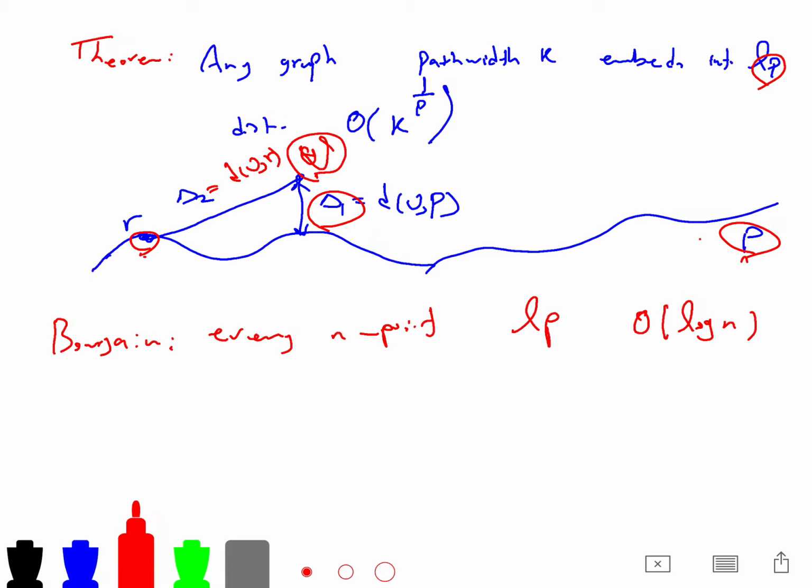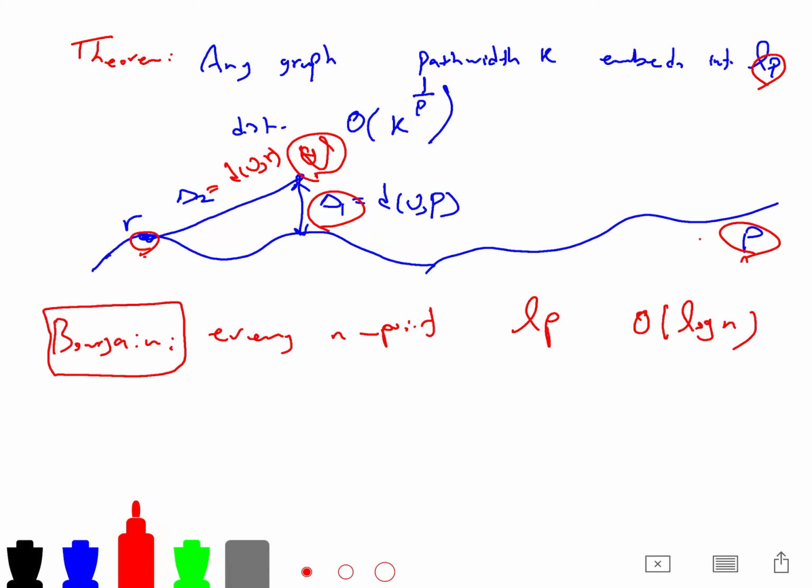We say, okay, Bourgain, your theorem is very nice, but for some special cases, for example, trees, path-width graphs, tree-depth, bounded tree-width graphs, or bounded path-width graphs, because it's a special case, we can make it tighter.